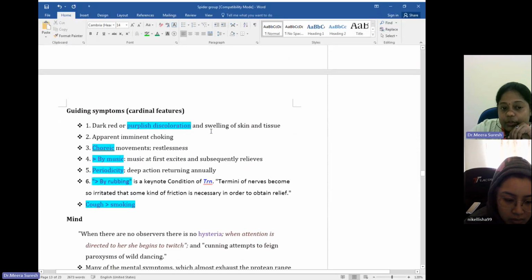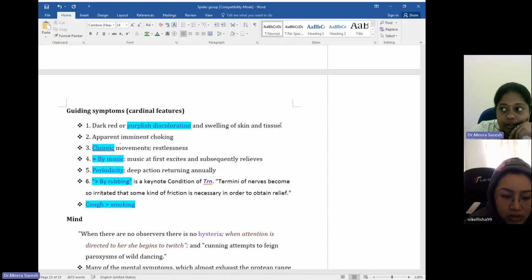The guiding symptoms or important cardinal feature will be, they will be having purplish discoloration or dark red swelling of skin and tissues, which means this is a very good remedy for the blood poisoning symptoms. That's the abscess, furuncle, carbuncle, all those things, and that will be appearing purple in color.